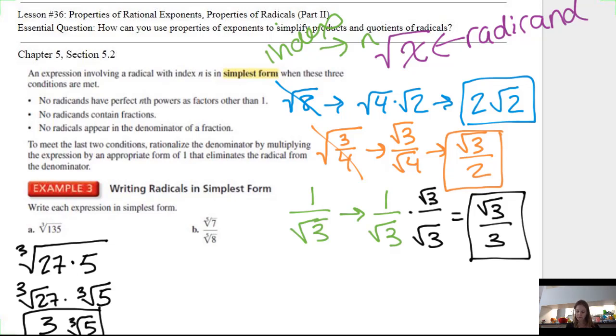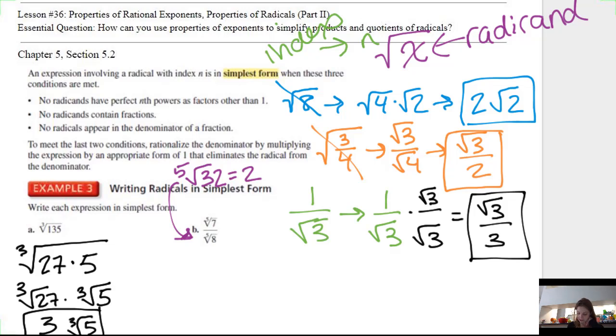Next one, we have the 5th root of 7 over the 5th root of 8. We don't want a radical in the denominator. So here I know the 5th root of 32 equals 2. So I'm going to make the denominator look like the 5th root of 32.